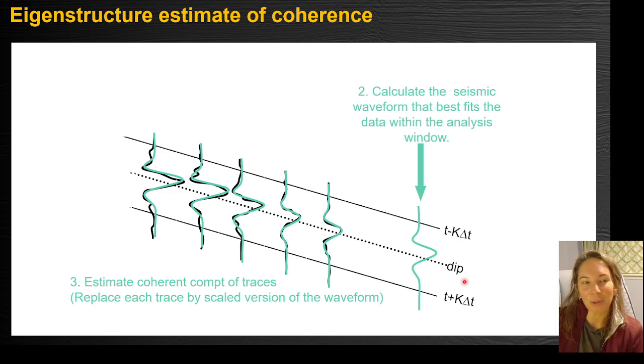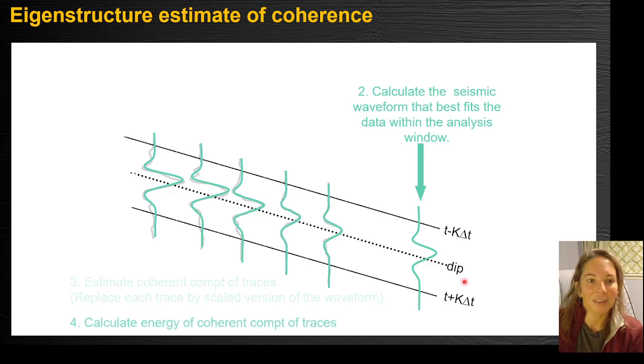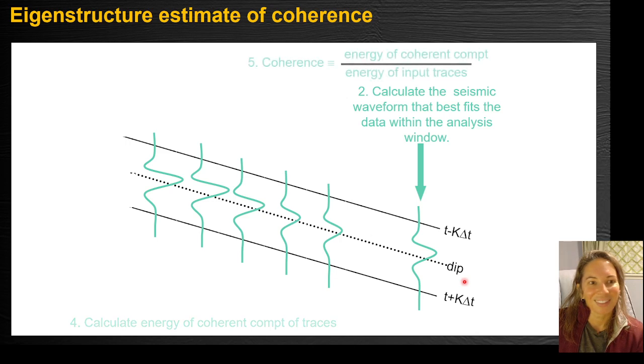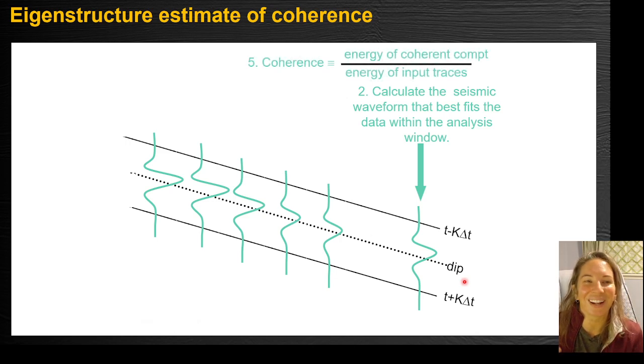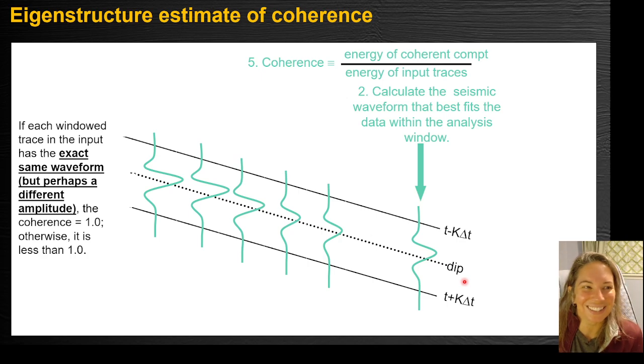This time we're replacing each trace with a scaled version of the waveform, which we didn't do in the semblance version. And then from there, we calculate the energy of the coherent component of the traces. And what we end up with is the energy of the coherent component over the energy of the input traces. Apologies for my little mess up in the animation there. In any case, the eigenstructure estimate of coherence focuses on the exact same waveform, but it also takes into consideration if there's a difference in the amplitude.